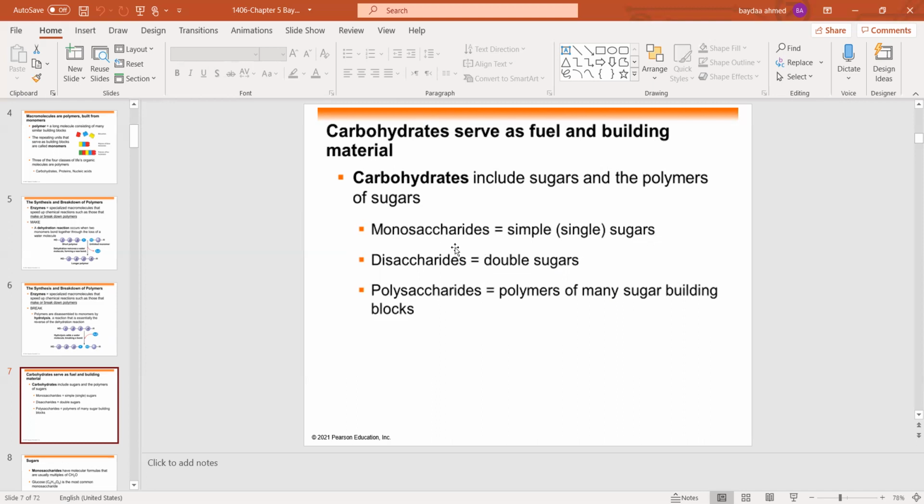They make the other type of carbohydrates, the more complex carbohydrates. Disaccharides are double sugars consisting of two monosaccharides joined by a covalent bond. Carbohydrate macromolecules are polymers called polysaccharides, composed of many sugar building blocks.